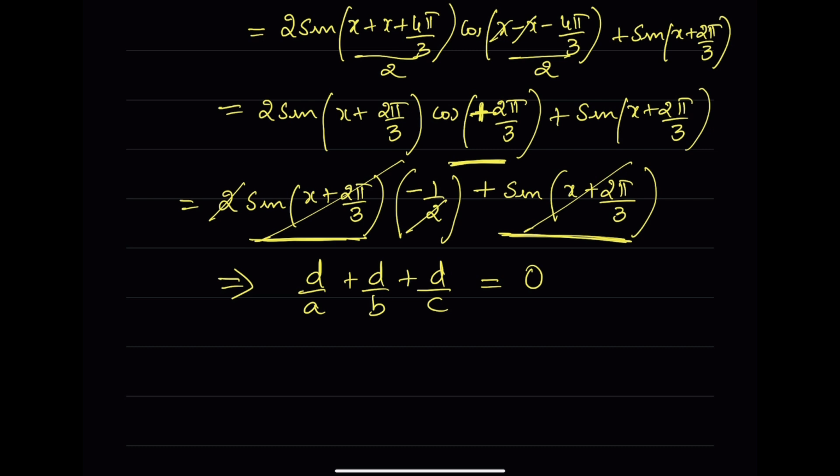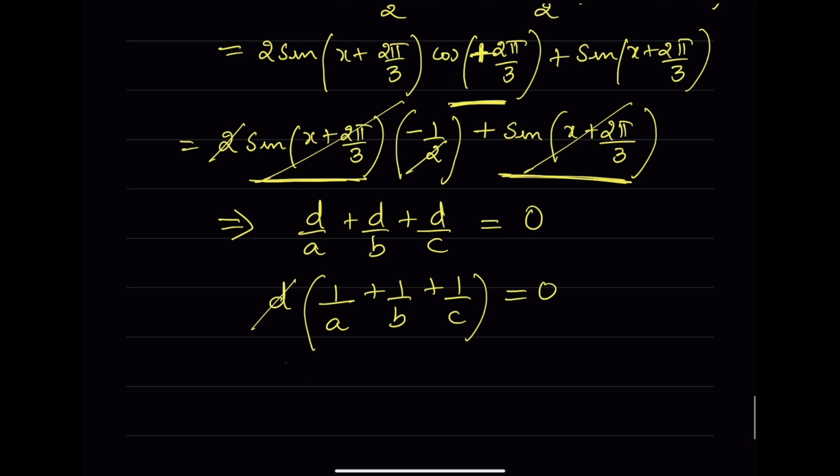Now let's solve for the common denominator. So basically this is d times 1 by a plus 1 by b plus 1 by c is equal to 0. We can cancel the d because if we divide both the sides by d, we can cancel it out. Now let's solve for the common denominator.